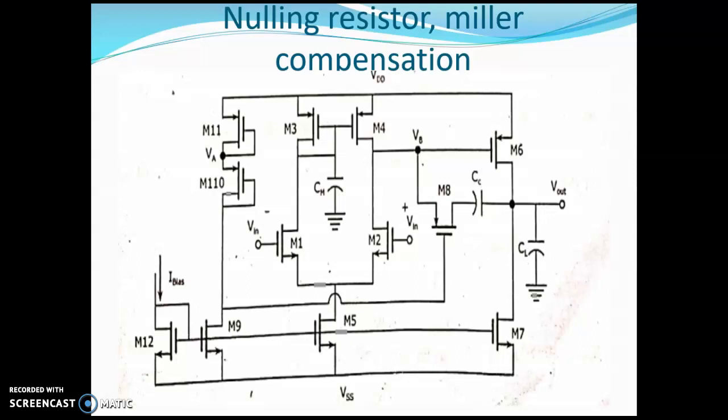So in order to overcome these two parameters, we are going for a method named the nulling resistor compensation method. This is used where the gain bandwidth and the output transconductance stages are large enough.